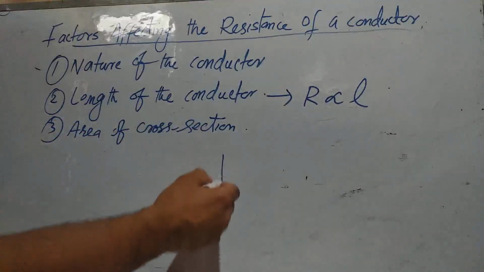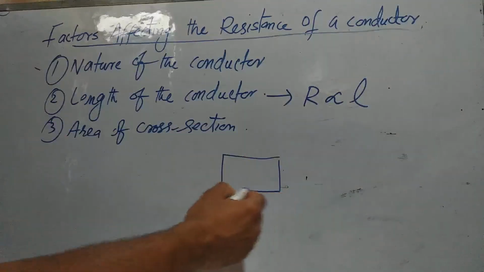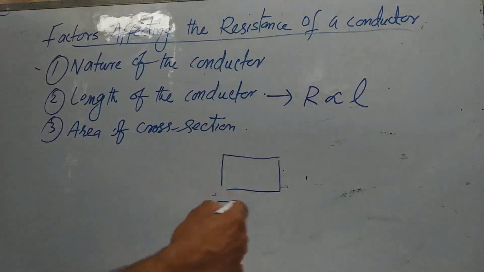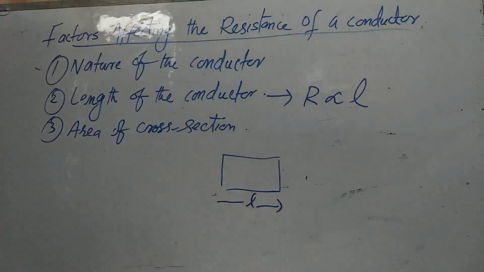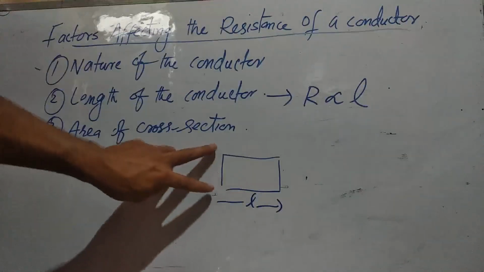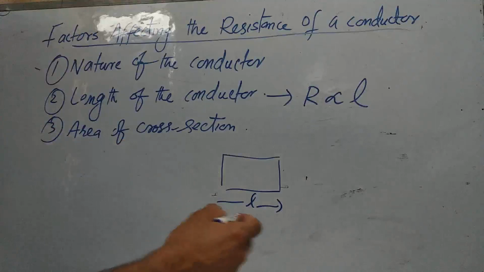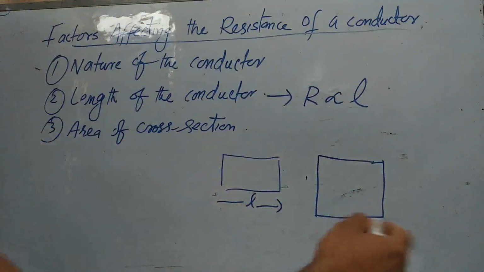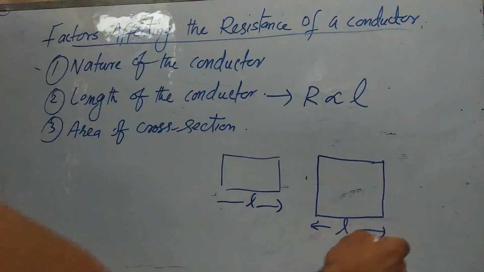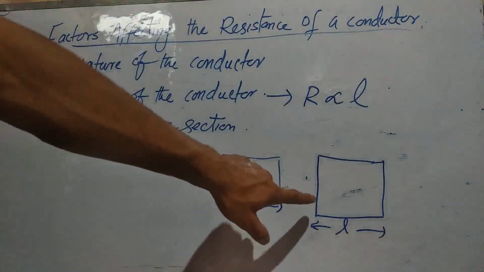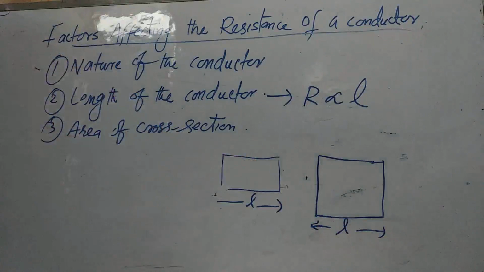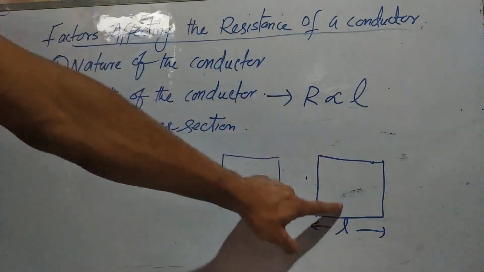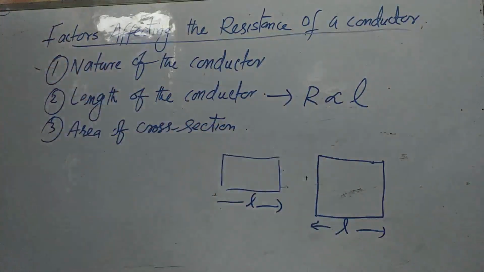For example, this is the area of cross section of this wire of length L. If I increase its area of cross section like this, and L is the same, here the resistance will decrease, because its area of cross section increases.